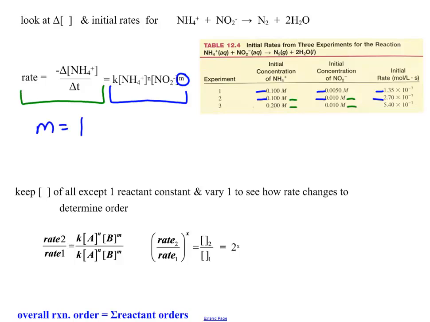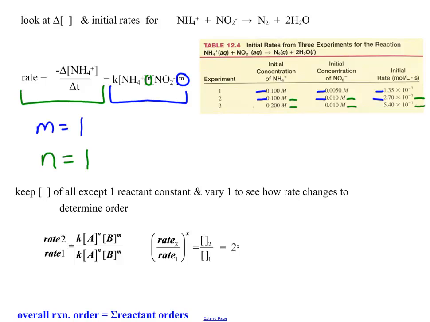Now if I take a look at the rate, here's my rate for experiment 2, here is my rate for experiment 3. Based on doubling the concentration of ammonium ion from 2 to 3, the rate doubles from 2 to 3. So what that tells me is the value for my exponent, my order for ammonium ion, is also 1.